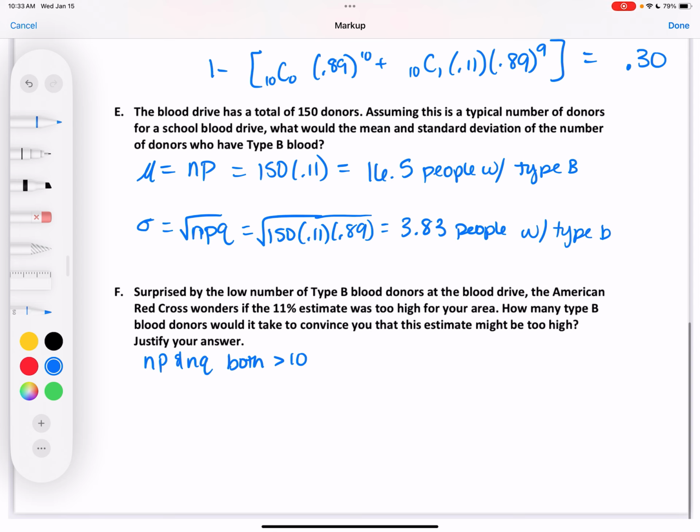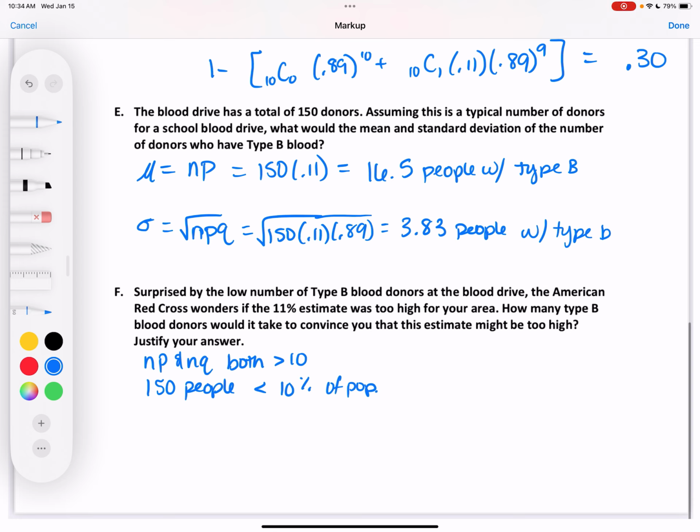The 10% condition: 150 people is less than 10% of the population. So there's no way this is going to be too big, right? No. It just has to be less than 10% of the total population.